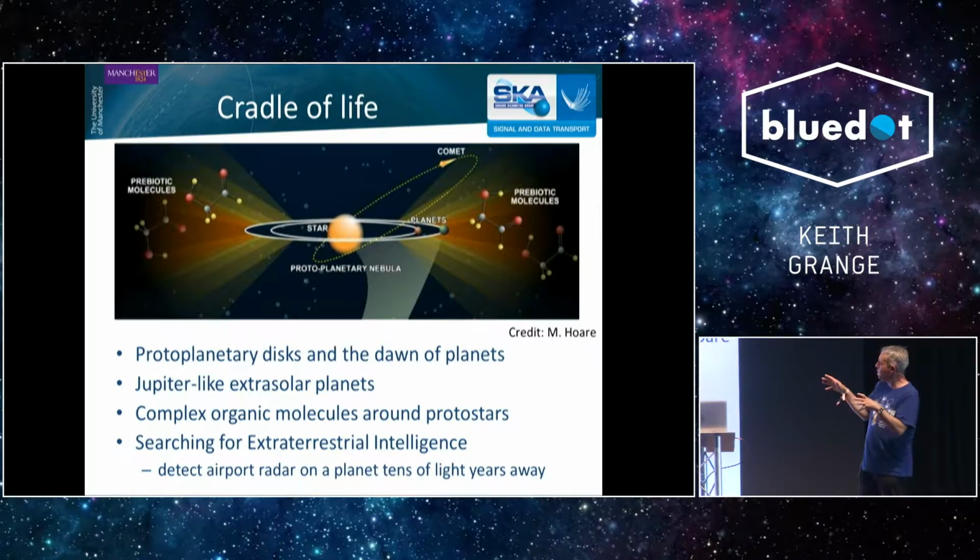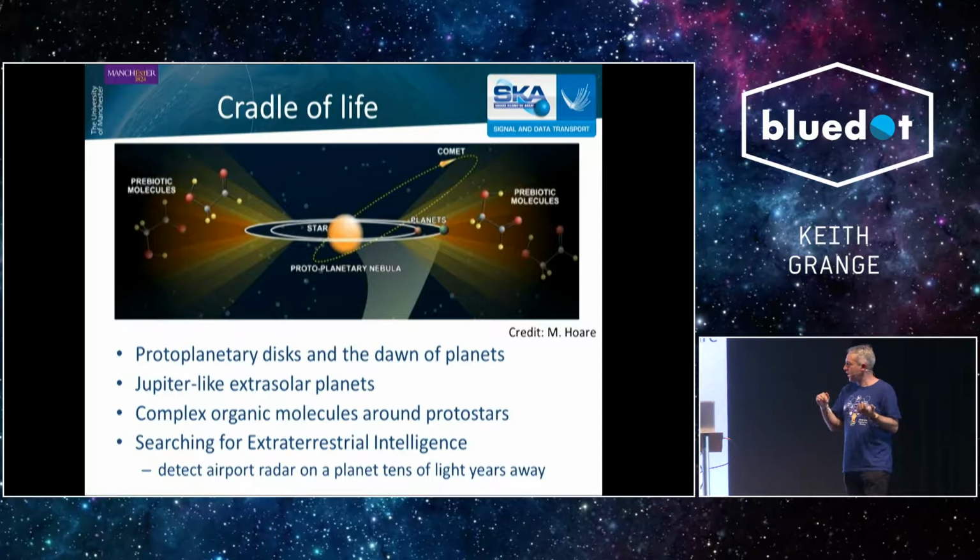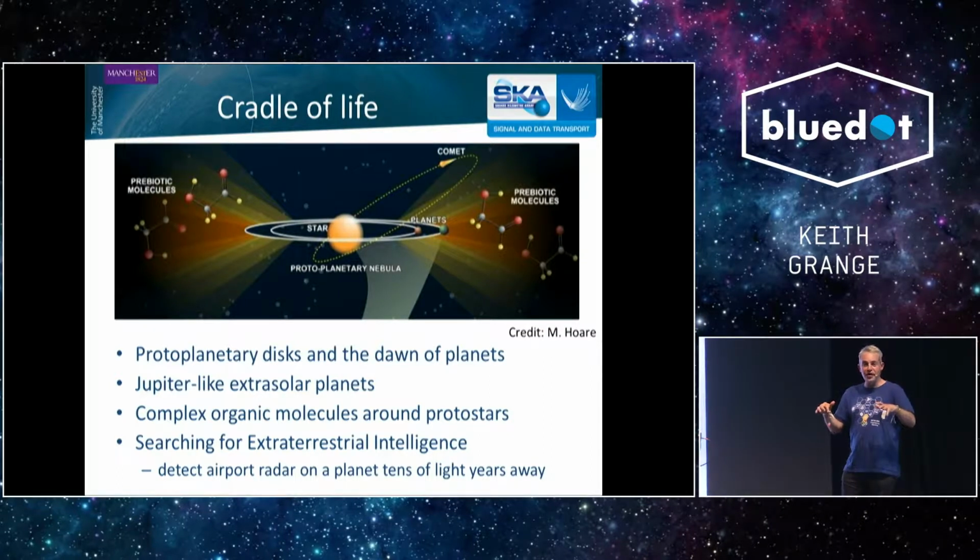And we'll be able to also look for Jupiter-like planets, so really massive things giving off radio waves of their own. Very excitingly, we believe that there's actually quite a lot of complex organic molecules, so precursors for life, out in interstellar space, and we'll be able to search for those from the emission lines that they give in the radio wave band.